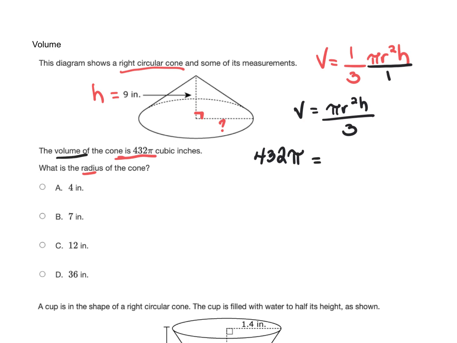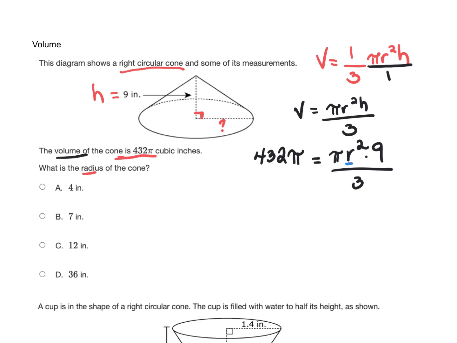Okay. We're looking for r. We have no idea what that is. But we are told that the height is 9. Okay. And this is all divided by 3. Now, when we're solving for a literal equation, which is what this is, we're solving for r.